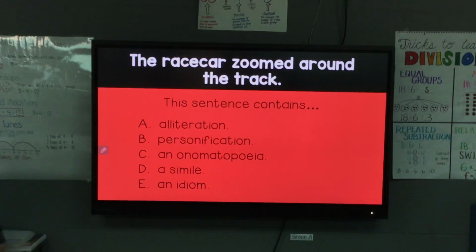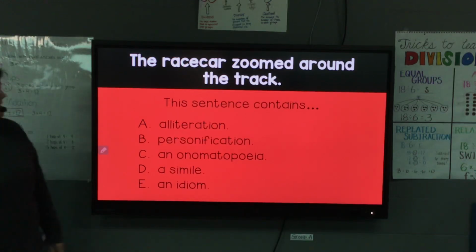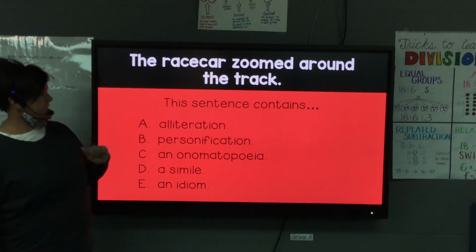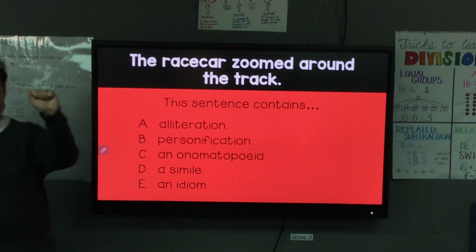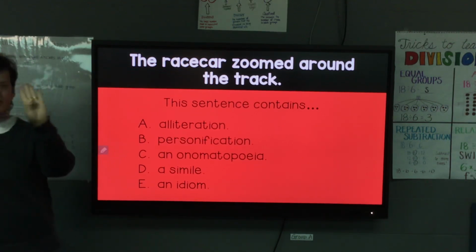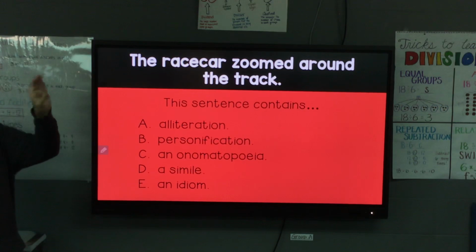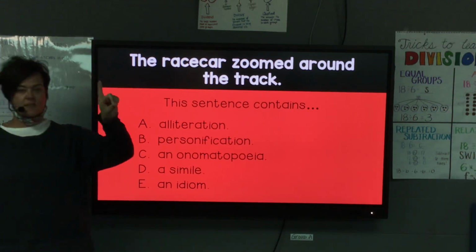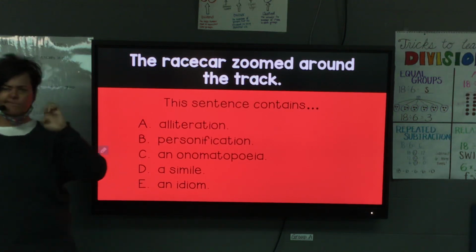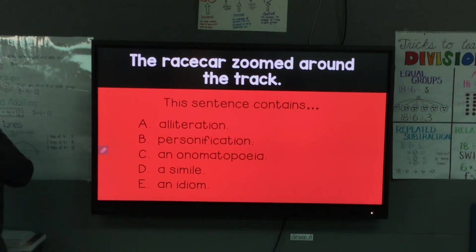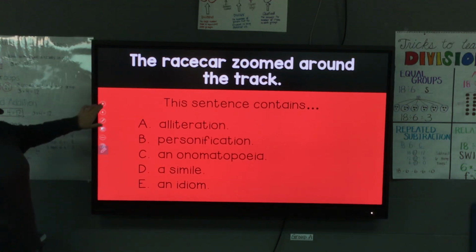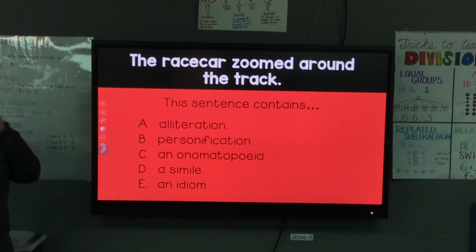The race car zoomed around the track. Does this contain alliteration, personification, onomatopoeia, simile, or idiom? I'm seeing a majority answer there of onomatopoeia.